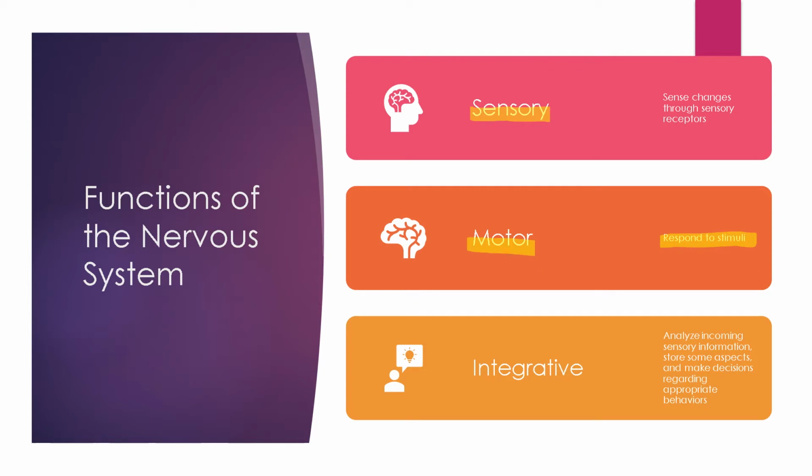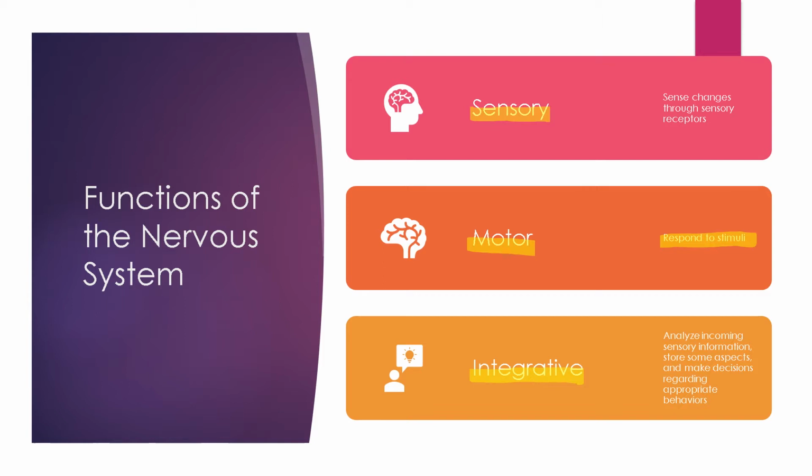And then we also have integrative neurons. Now, the nervous system processes sensory information by analyzing it and making decisions for appropriate responses. So this is an activity known as integration.